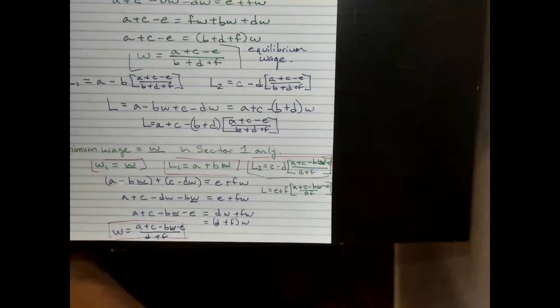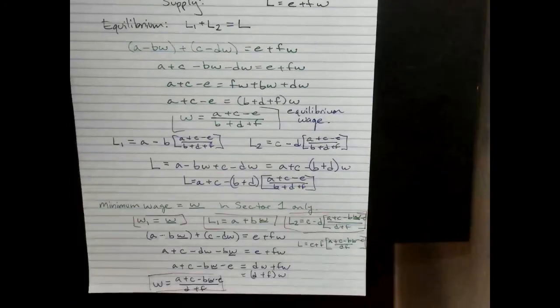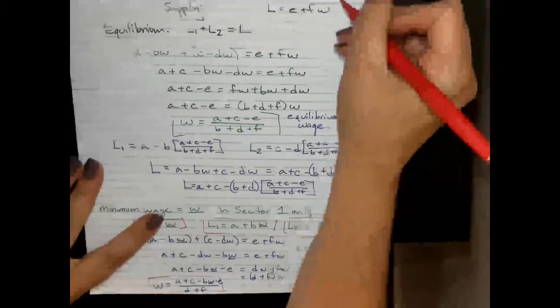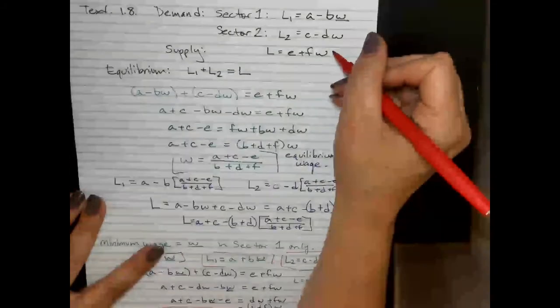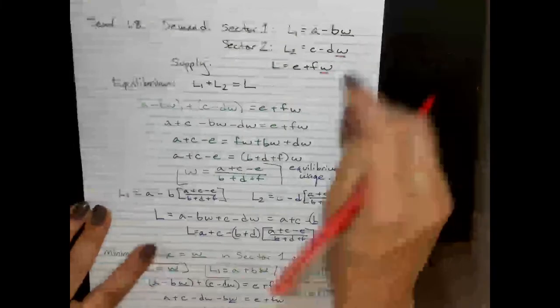The last thing it asks you to do is what happens if the minimum wage is in there for the whole market. And that's pretty straightforward. If we had the minimum wage in place for the entire market, L1 would be this, L2 would be this, L3 would be this, and we would solve for it in the exact same way and get the same outcomes, right?